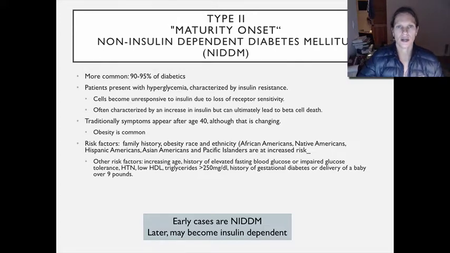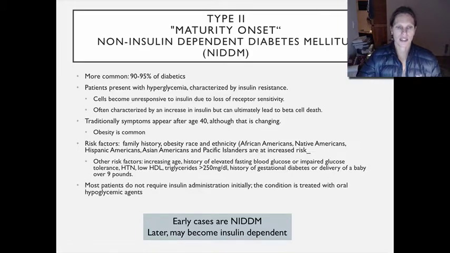Hypertension, low high-density lipoproteins, triglycerides that are greater than 250 milligrams per deciliter. And the other thing, which is usually a sign of gestational diabetes, is the delivery of a baby over 9 pounds. If you were greater than 9 pounds at birth, your risk for diabetes goes up pretty significantly.